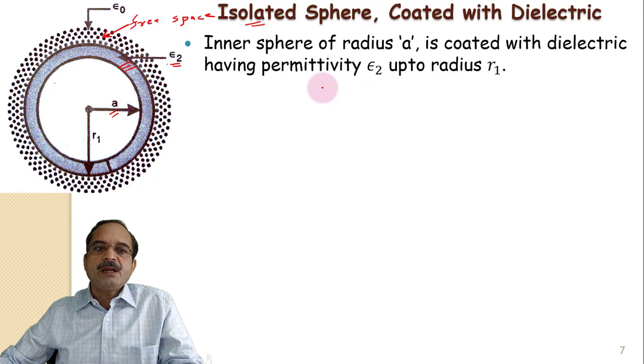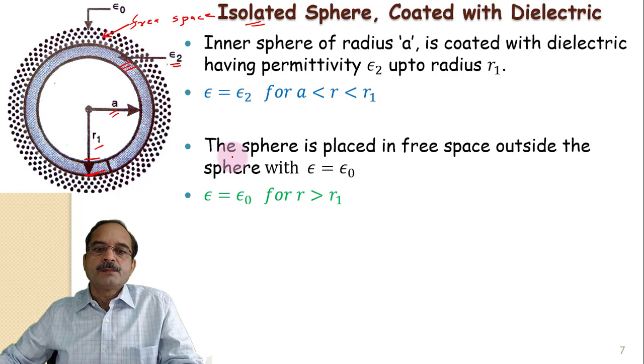This permittivity epsilon 2 is up to radius R1. From r equal to a to r equal to R1, it has permittivity epsilon 2. Outside R1, it is epsilon 0, that is free space.